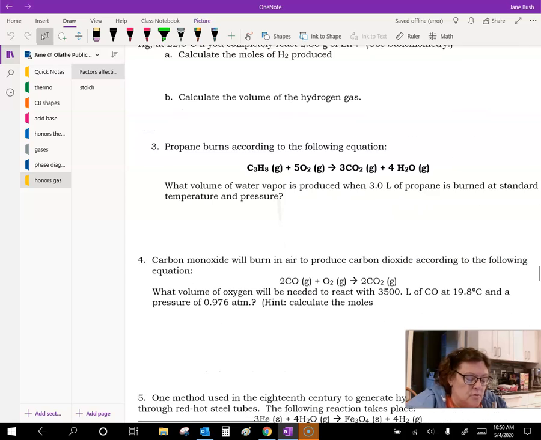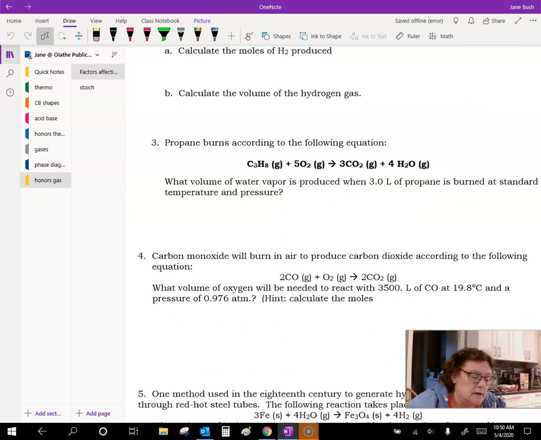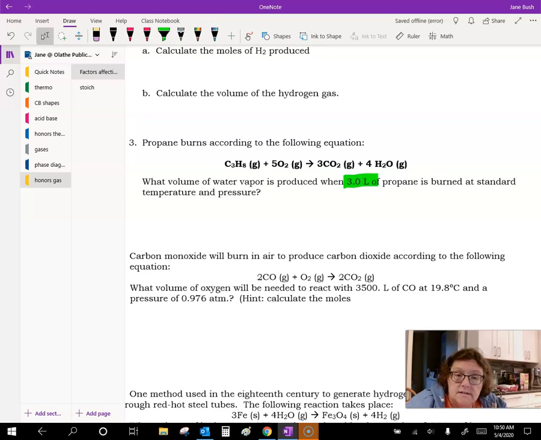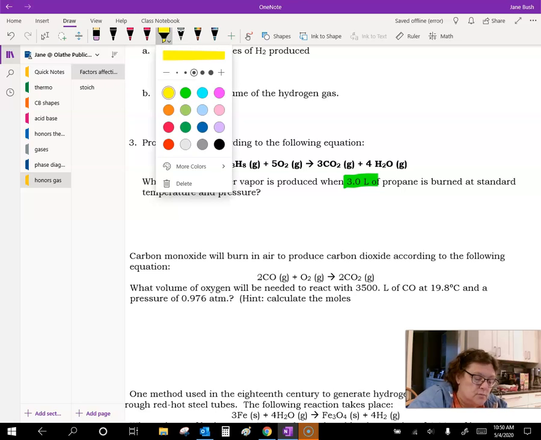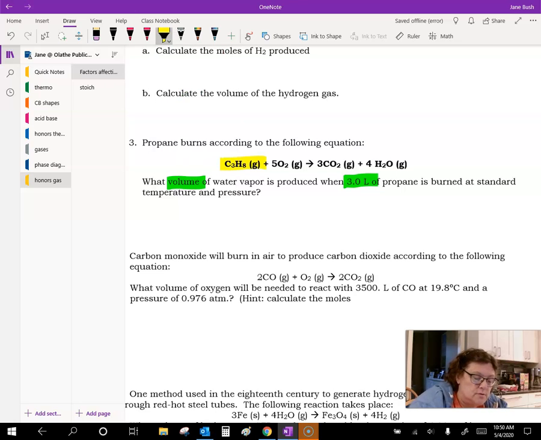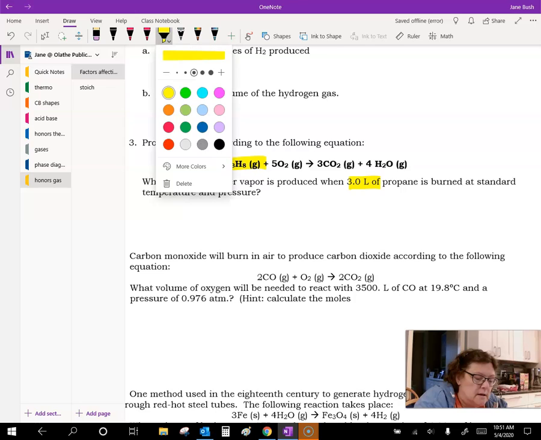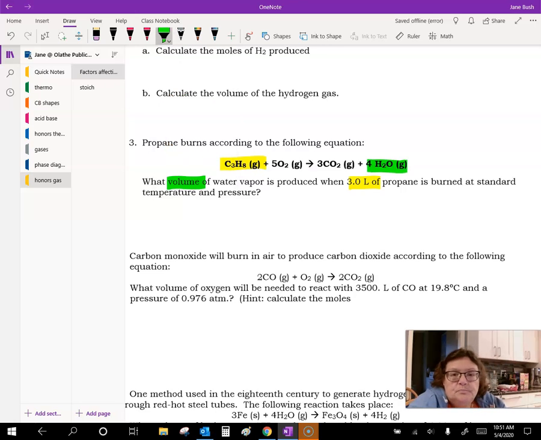The third problem talks about propane. If we read through the problem, it tells us we have 3 liters of propane at standard temperature and pressure, and we want to know the volume of water vapor. So we're going to start with 3 liters of propane, and we're going to be ending with volume of water.